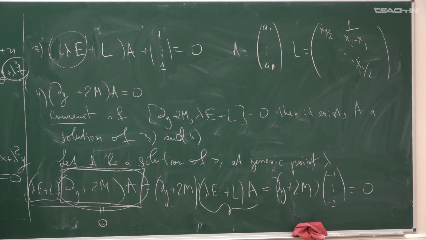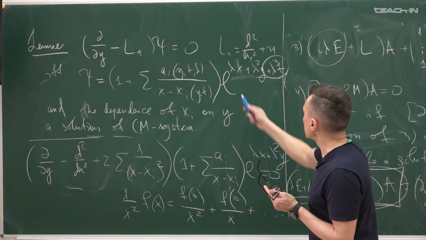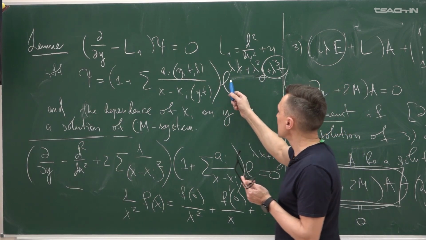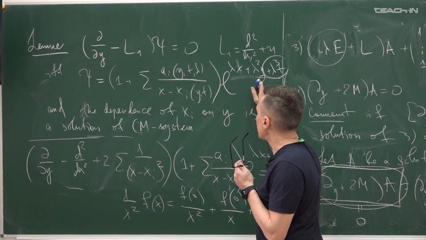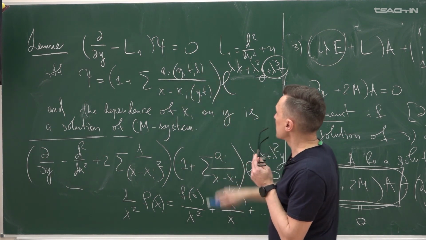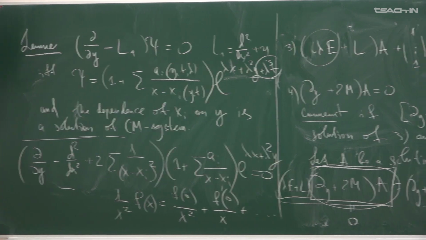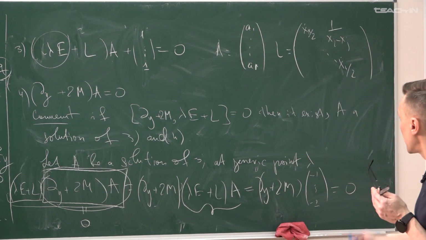So I supposed that all the dependence on the variable lambda is here, but it is not. So this should also depend on lambda, and then it will complete the proof.